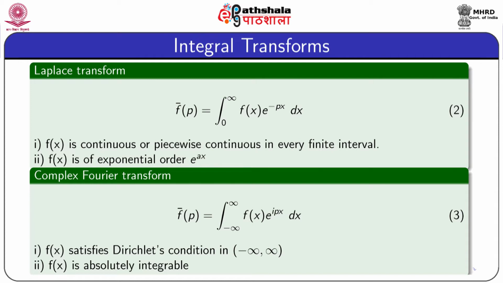The second condition is that f(x) must be absolutely integrable within the interval minus infinity to plus infinity. So, if f(x) satisfies the Dirichlet conditions and the absolute integrability condition, then the Fourier transform of f(x) exists.